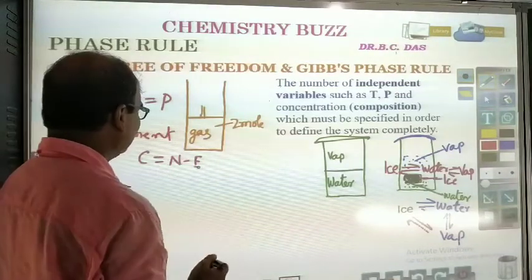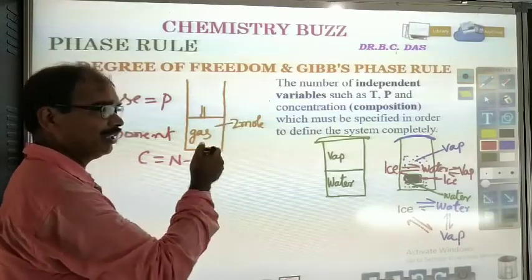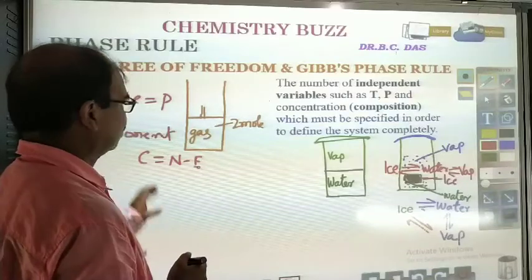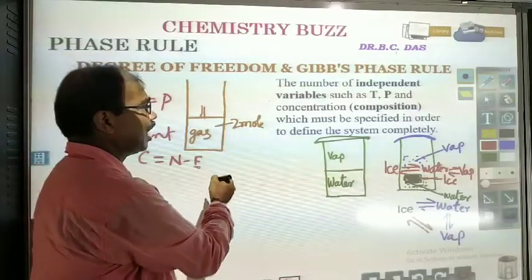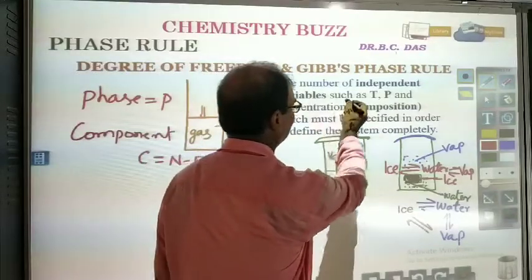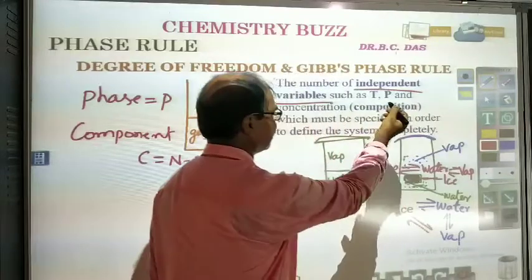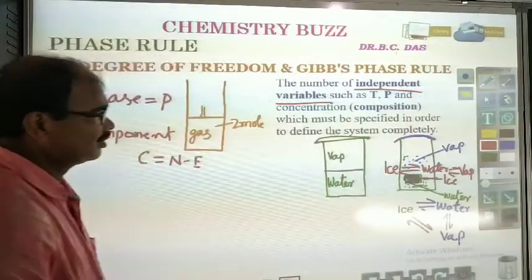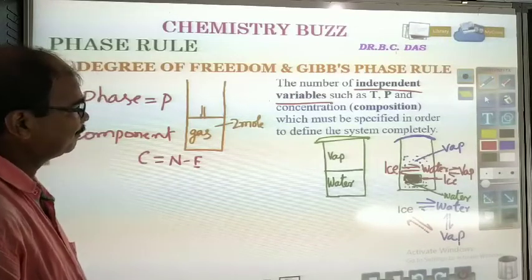In the kinetic theory of a gas, the degree of freedom is the number of independent variables used to explain the state of the molecule. And in the phase rule, it is the number of independent variables such as temperature, pressure, concentration used to define the system completely.